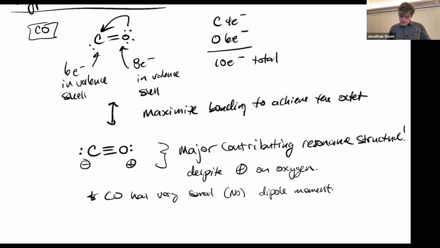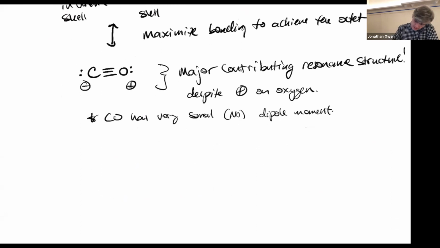Now, this depiction here, where I've taken my electron pair and pushed it onto oxygen to form a bond, is an example of what's called a dative bond. So what's a dative bond? A dative bond is where one of the two partners contributes both electrons to make the interaction.